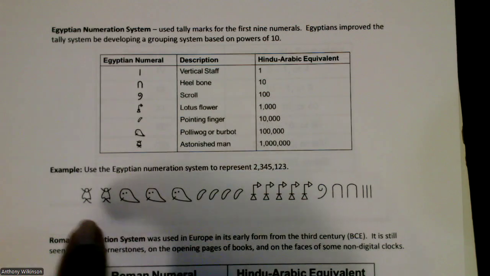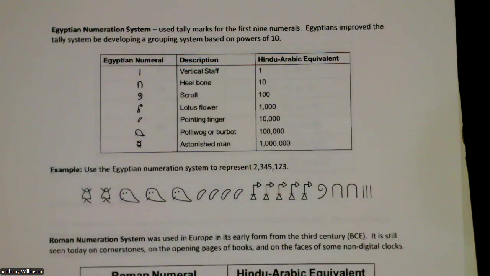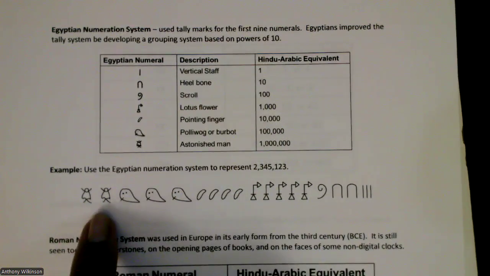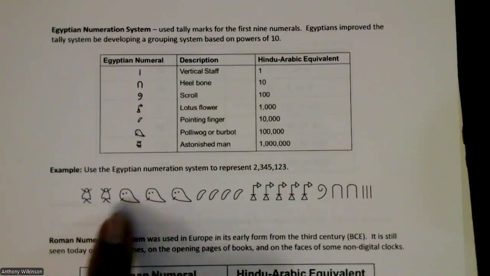So in this example right here, if we wanted to use the Egyptian numeration system to represent 2,345,123, it would be this. That 2 represents 2,000,000. So you have 2 astonished men to represent 1,000,000 each. That's 2,000,000. The 3 is in the hundred thousands place. That means 300,000.